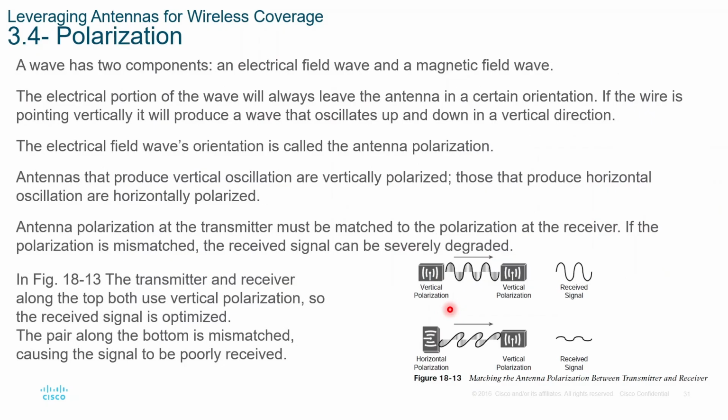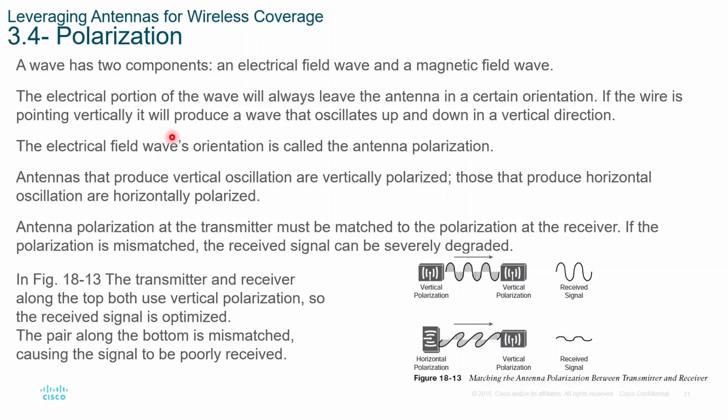And then you have the polarization, whether the signal is weak or strong. If the electric signal is good, it will do a lot of up and down. If it's bad, you will see that it's very messy. Vertical, horizontal. The electrical will have the antenna.